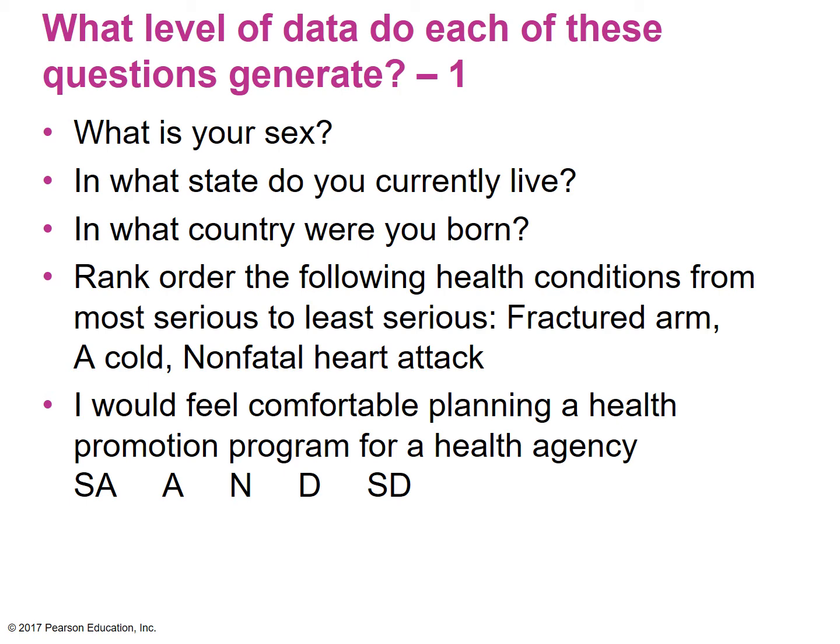And the difference here is, instead of using non-parametric, where you would just compare the number of people that selected strongly agree compared to the numbers that selected agree, neutral, disagree, strongly disagree, another technique is to assign a numerical value to each of these responses. So typically you'll see strongly disagree is coded as a 1, disagree as a 2, neutral as a 3, agree as a 4, strongly agree as a 5.